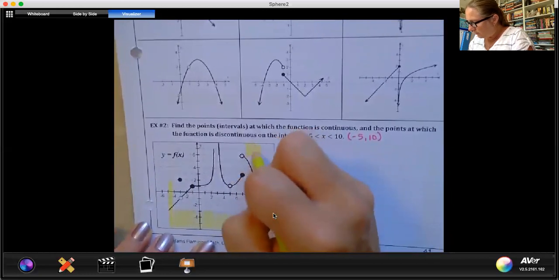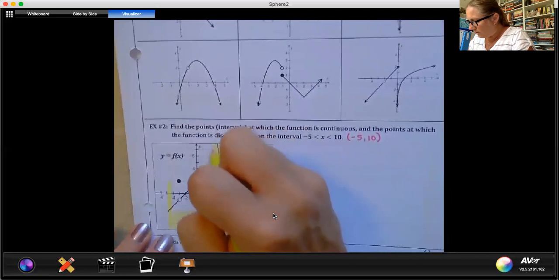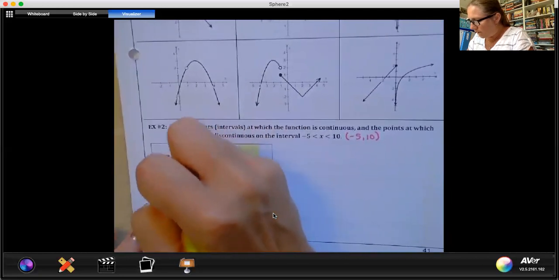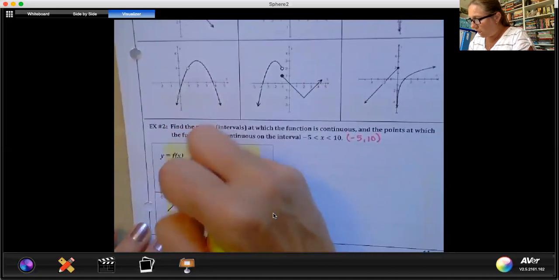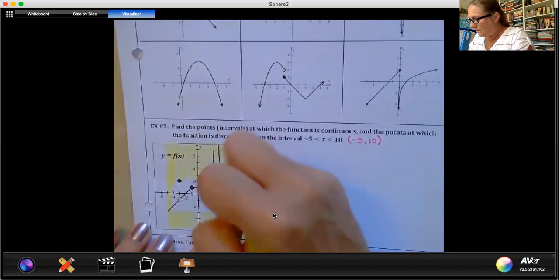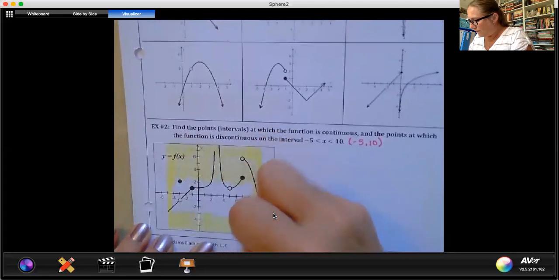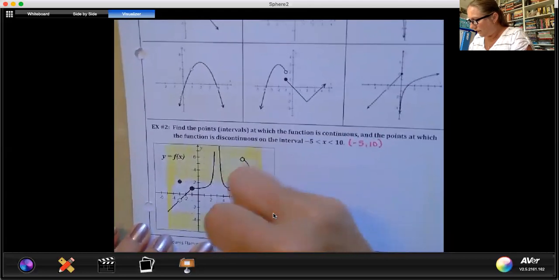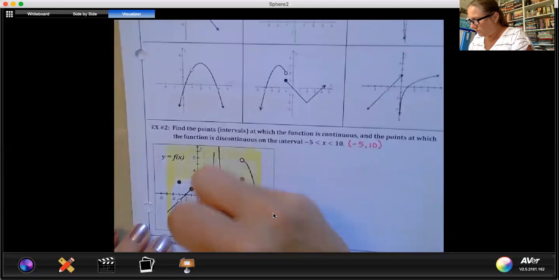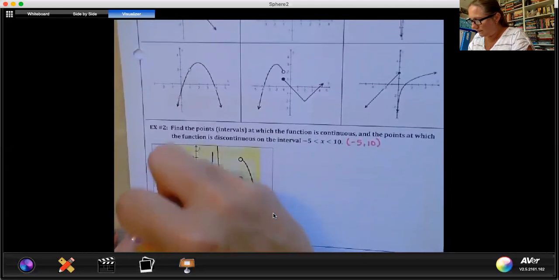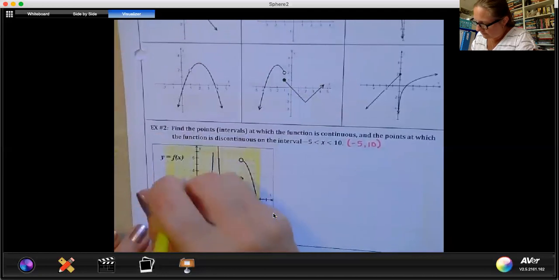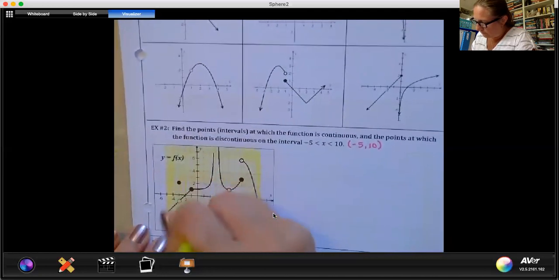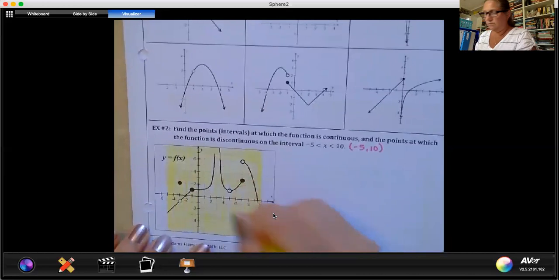In this particular case, it's going to cover your entire graph, but when we go to section 8, you're going to have some graphs that go beyond the intended interval, so you want to make sure that you know what you're looking at. So just a colored pencil, usually something kind of light, will be best, but this lets you know the parts of the graph that you're looking at.